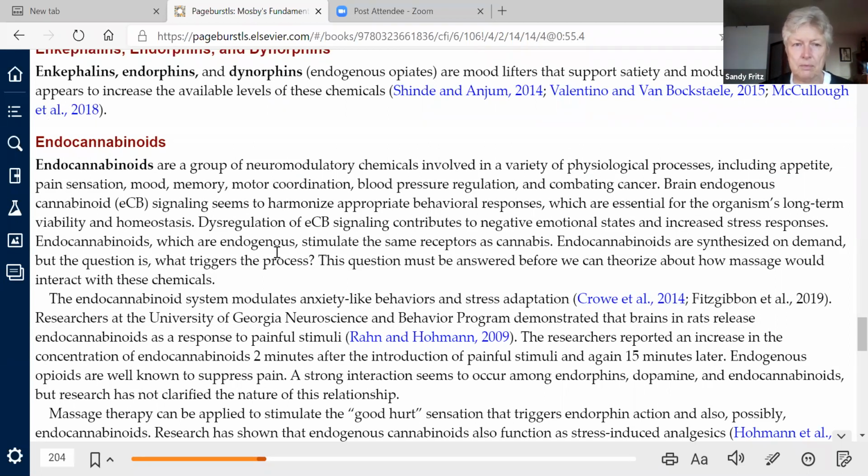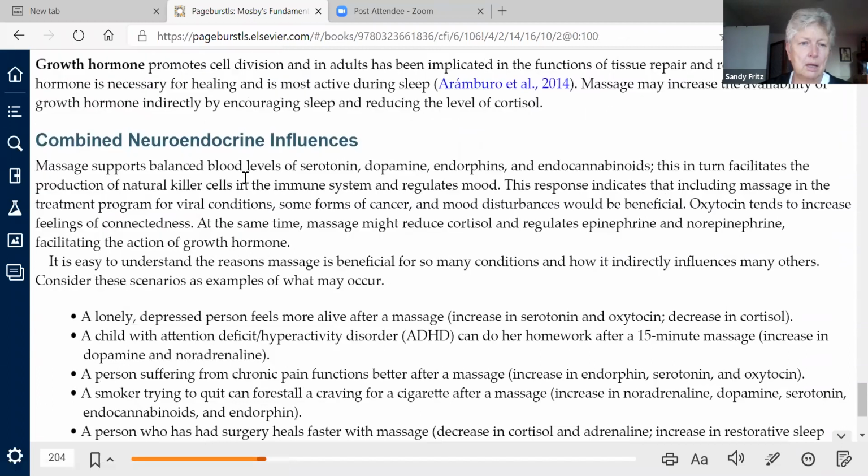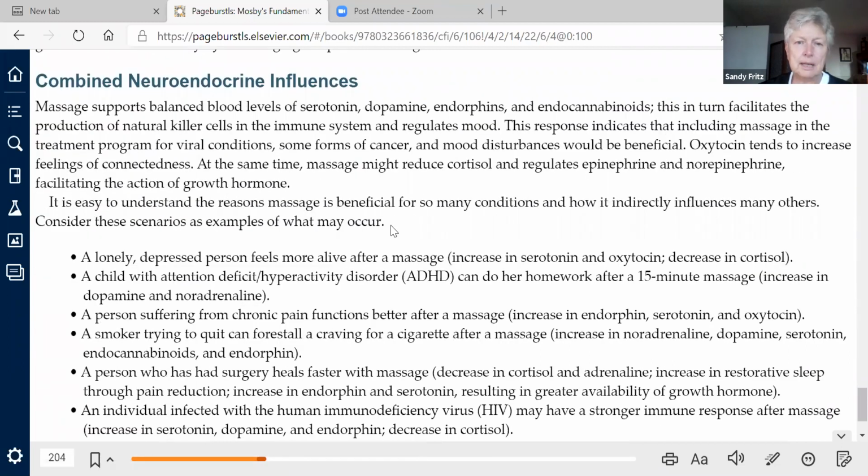Can something that we do with massage interface with this particular chemical in our body? So mostly it's a combined influence. It's not just one.